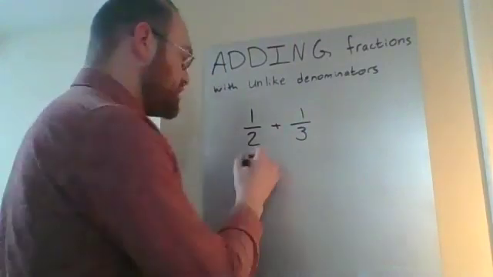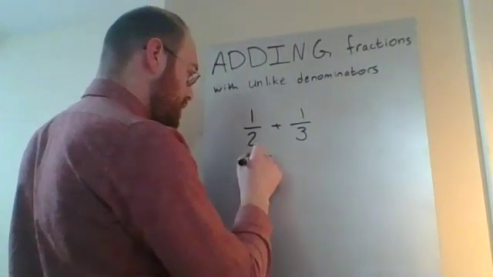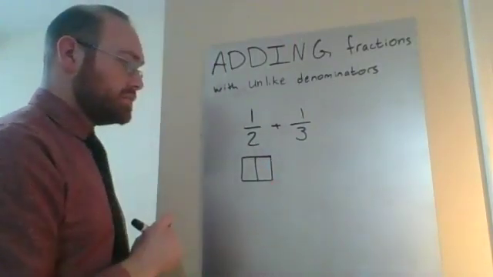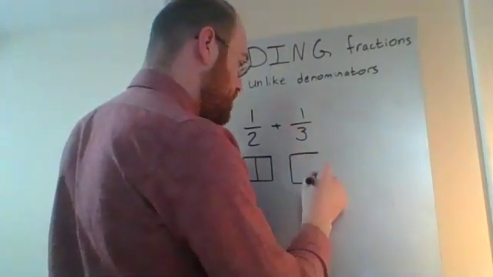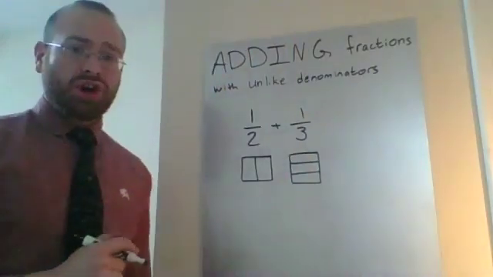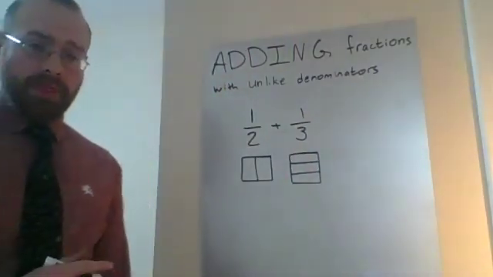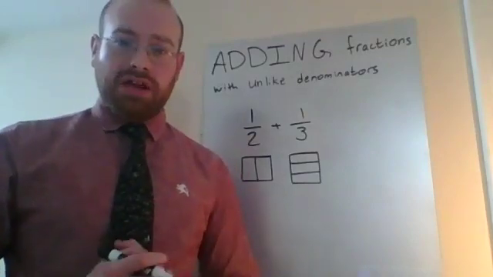So if we think of this as a square that's divided into 2 parts, and then a square that's been divided into 3 parts, they're all different sizes. So we have to figure out how can we create a common denominator.